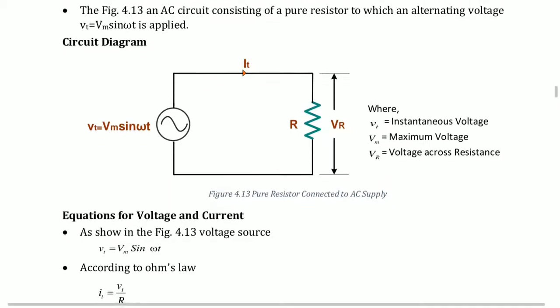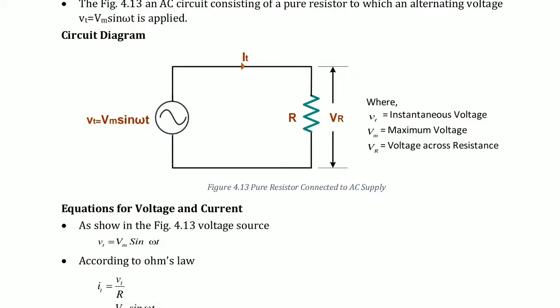So here the current is flowing through the resistance. The current through the resistance gives a voltage, that voltage is called the resistance voltage, that means the voltage across the resistance.